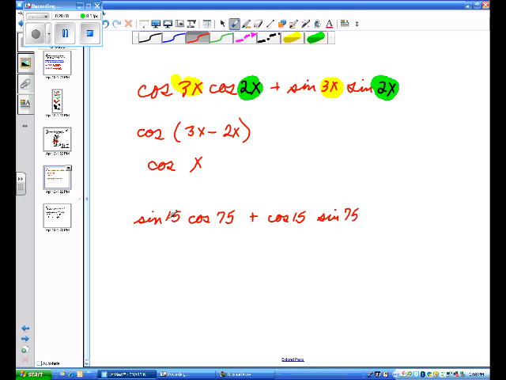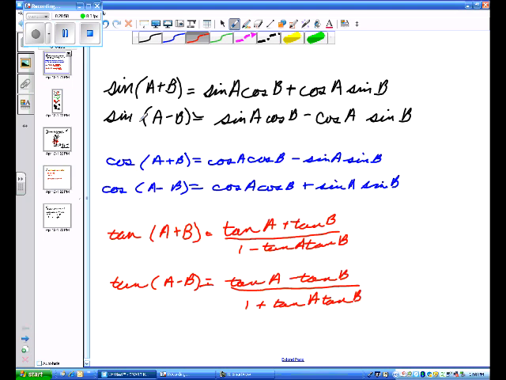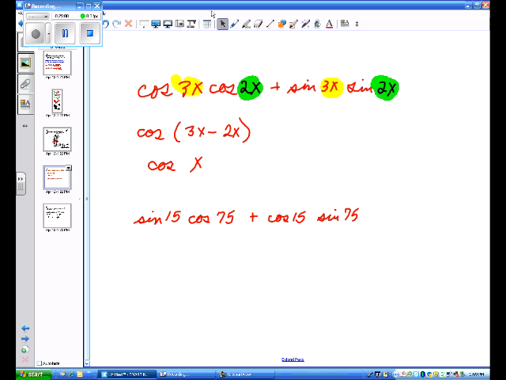Now again, it's the sine of the first, cosine of the second, plus cosine of the first, sine of the second. This was our sine function. Sine of the first, cosine of the second, plus cosine of the first, sine of the second.